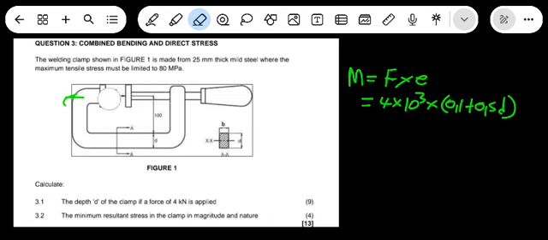You must see that. So that is what we have now in terms of d. We can call this equation 1, our bending moment in terms of d.